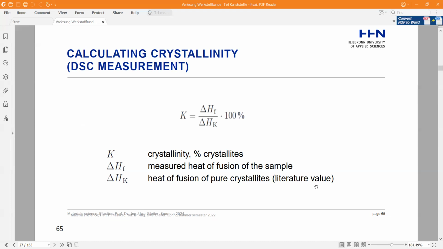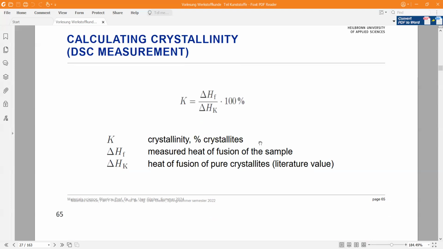You can see it from the table. So the crystallinity percentage is the measured heat of fusion divided by the heat of fusion of pure crystallite, times 100%.